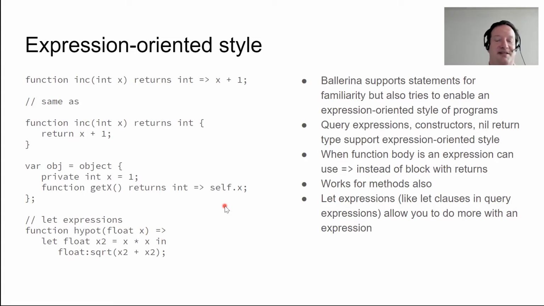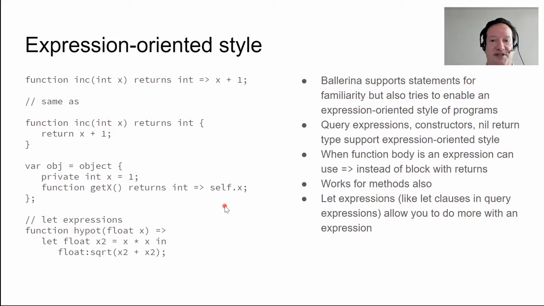We haven't done that because it's less familiar. But we make a nod in this direction by making it possible to do more things with expressions and encouraging the use of a more expression-oriented style.